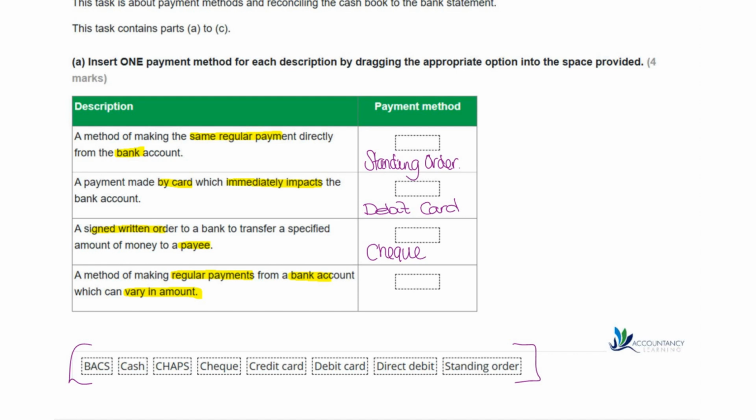For example, with your electricity bill, they'll take the amount for the electricity you've used each month, and that isn't going to be the same. So that's known as a direct debit. You can set up a direct debit to authorise a regular payment from your bank account, but the amount may vary.